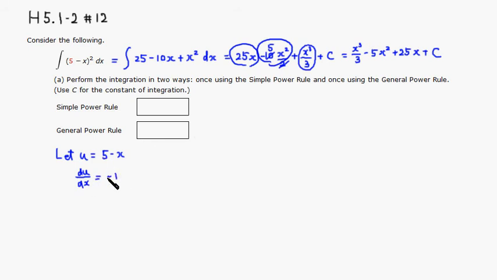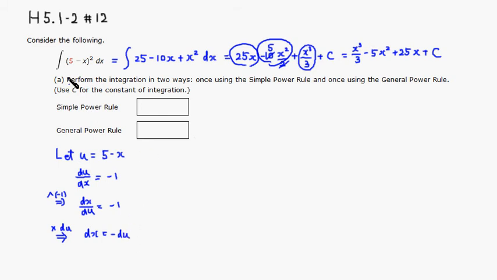The derivative of 5 is 0, and the derivative of negative x is negative 1. Then take the reciprocal of both sides: dx over du is equal to 1 over negative 1, which is still negative 1. Then multiply through by du to isolate dx, which is negative du.